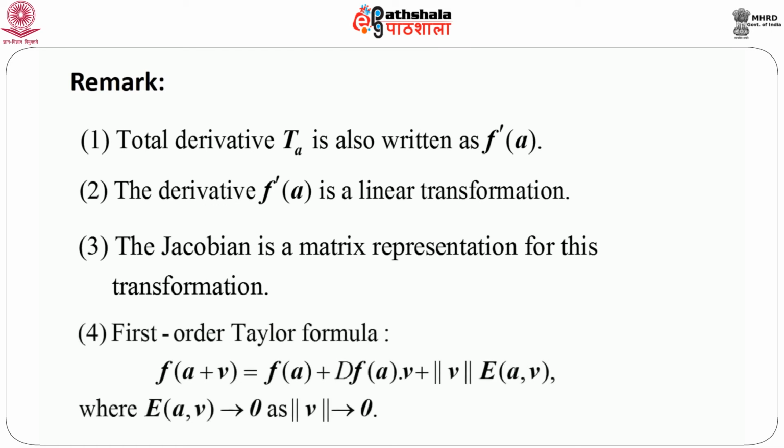And lastly, this is nothing but the first order Taylor formula, which we can write formally as f(a plus v) equals f(a) plus Df(a) into v plus norm of v, where v is a vector, into e(a, v), where e is again a vector and e(a, v) goes to 0 as norm of v goes to 0. So here we have defined differentiability of a vector valued function where each component is a function of several variables.